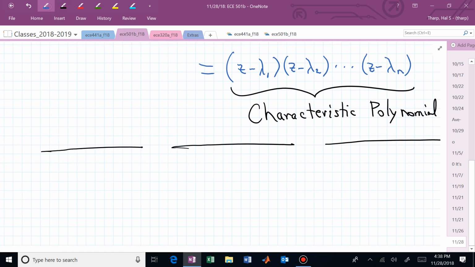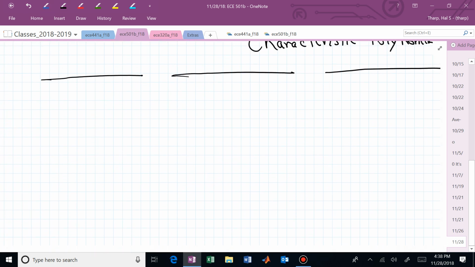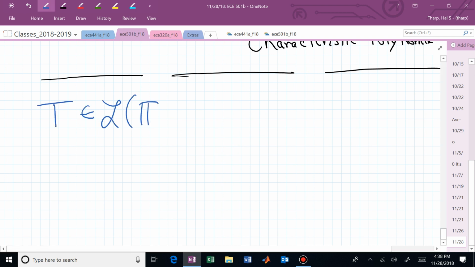Suppose, let's just look at some examples. Suppose that T is a linear operator on V. V is some two-dimensional vector space where the field is either real or complex.